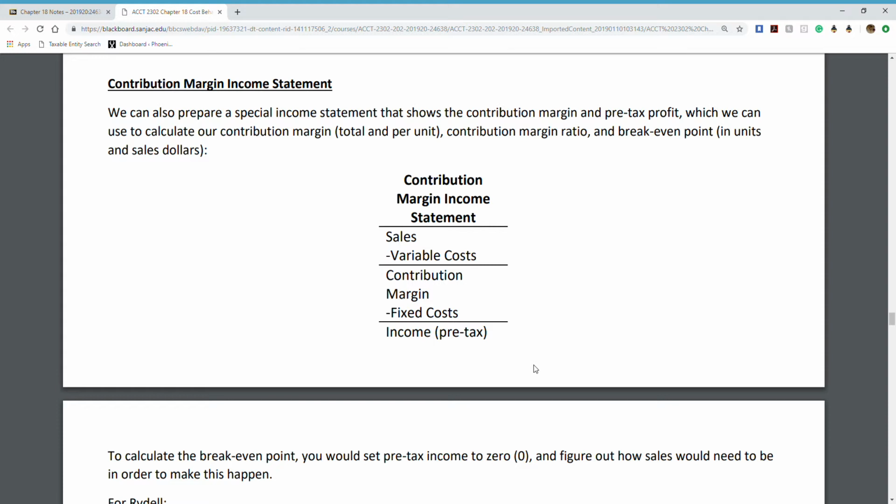So you get sales minus variable costs, again that equals the contribute margin, minus any fixed cost, and that will equal our income pre-tax. Okay, reason why we put pre-tax, because we're going to get into taxes later, but it does equal out to income basically before the taxes happen.